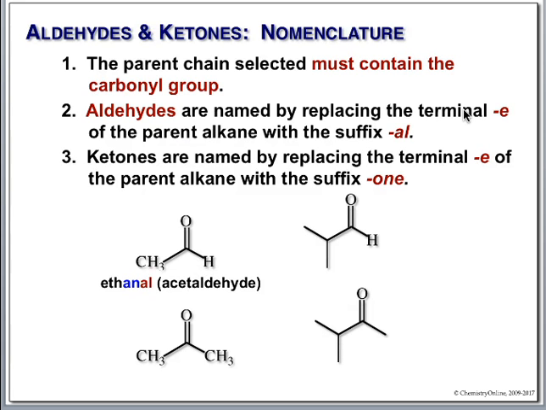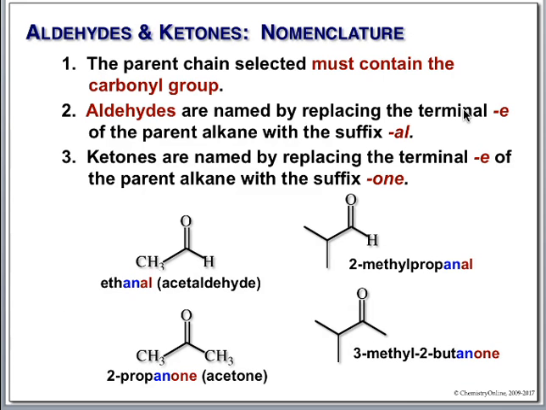Now, when you talk about aldehydes and ketones, nomenclature is actually fairly simple, fairly straightforward. Here we have a two-carbon aldehyde, hydrogen on one side, carbon on the other. The rule says that the parent chain must contain the carbonyl.